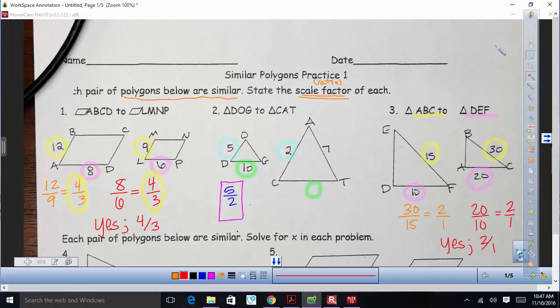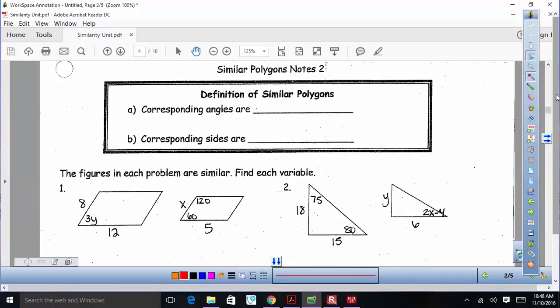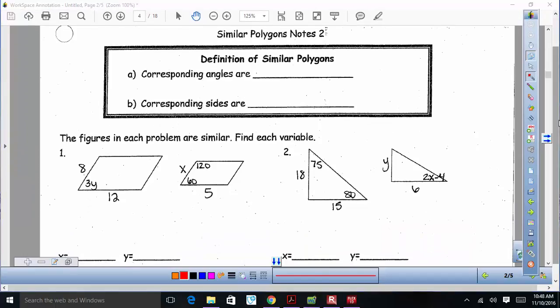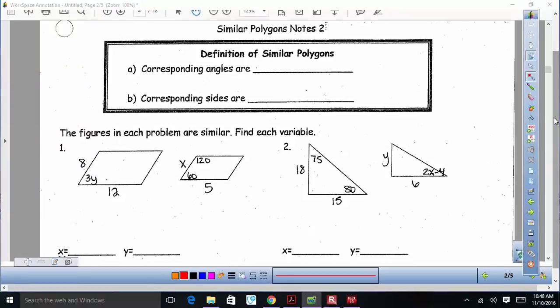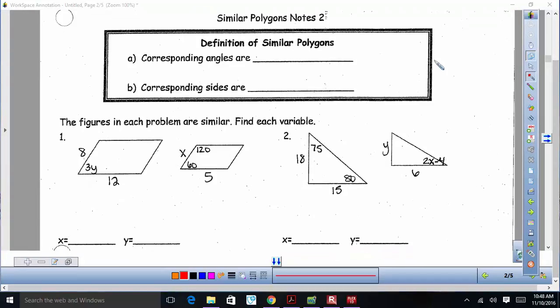Okay, so let's look at our notes for today now. It is exactly what we did yesterday, but this time they're giving you angles and sides. So we're going to have to determine whether we're looking at an angle or a side. So reviewing from yesterday, what do we know about corresponding angles in similar polygons? They're congruent. Okay?